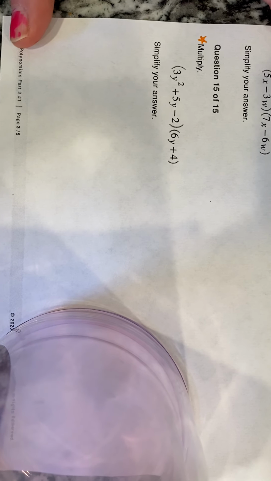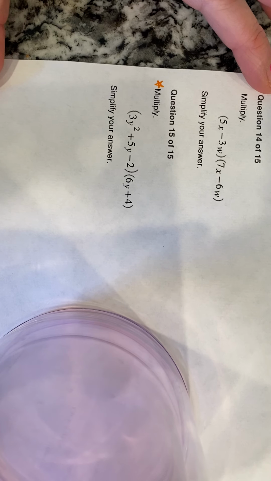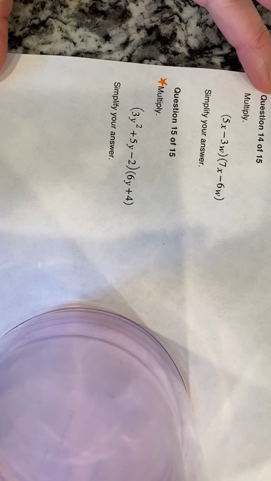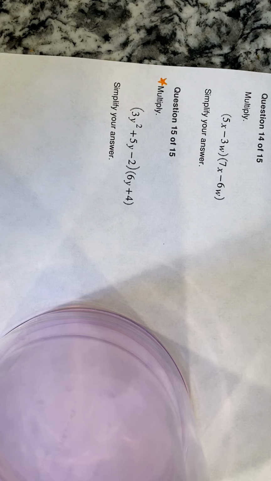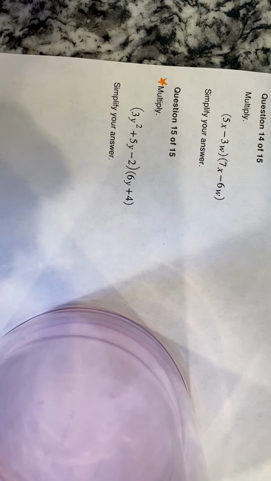On the last page of this week's assignment, we're going to jump all the way down to number 15 because I think that's where you'll probably make the most mistakes. On this one, you have a 3-termer times a 2-termer. I'm going to rewrite this problem because I think you will make fewer mistakes.